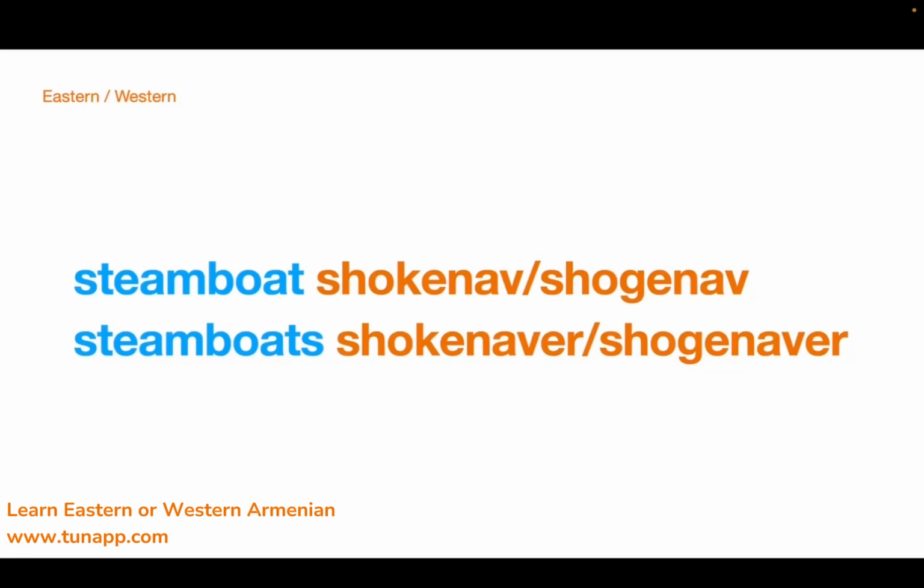If I've confused you, just remember the rule. The second word in the compound noun, in this case boat or nav, if it has a single syllable, nav, or shun, or girk or kirk, for example, single syllable, the plural form will simply be er. Shokenaver, shogenaver.